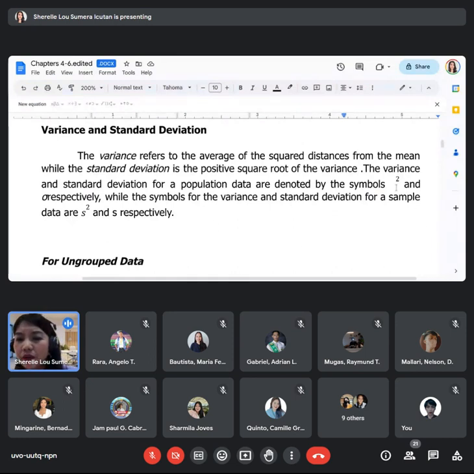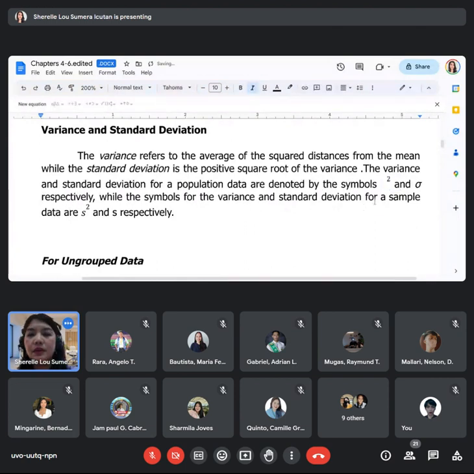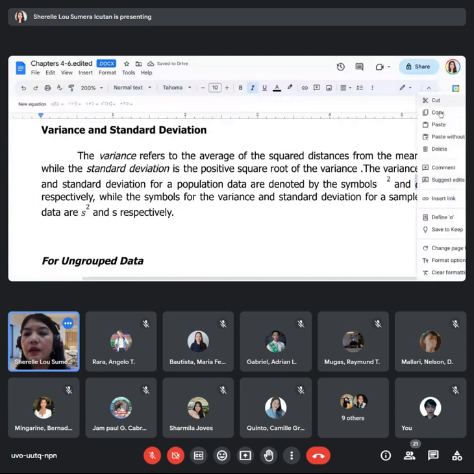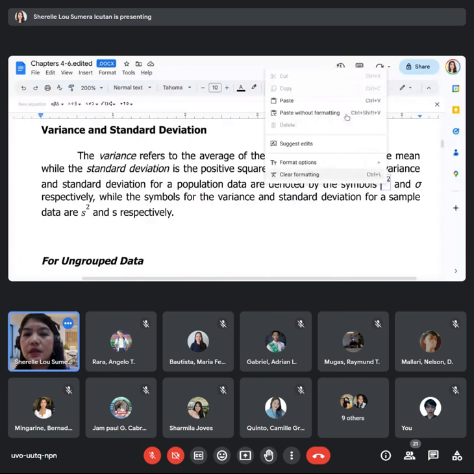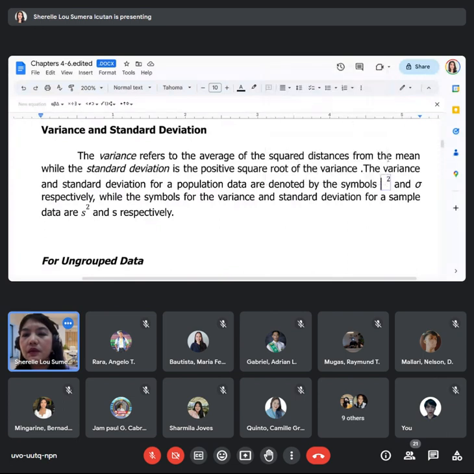Nung nilagay ko yung ginawa kong docs ito, na iba-iba yung ibang formula. So, the symbols, sigma and sigma square. You have sigma square and sigma.